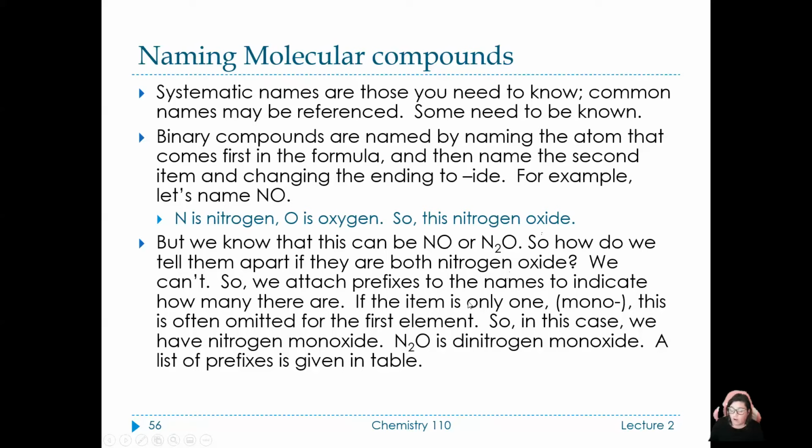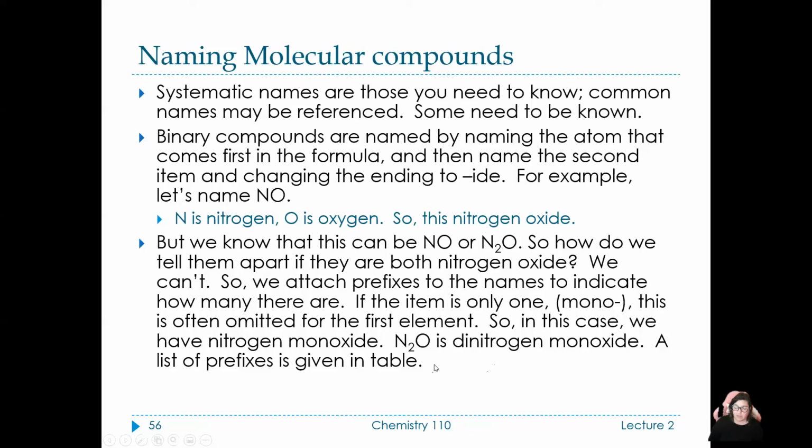Okay, this is often omitted for the first element. So in this case, we have nitrogen monoxide. Okay, so 1 nitrogen, 1 oxygen, and N2O is dinitrogen monoxide. All right. That way we've indicated explicitly how many of those things we have.